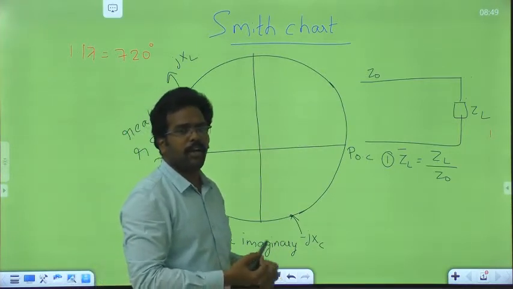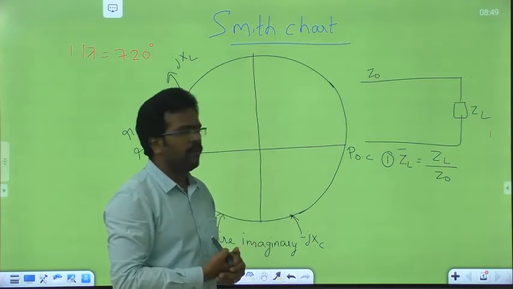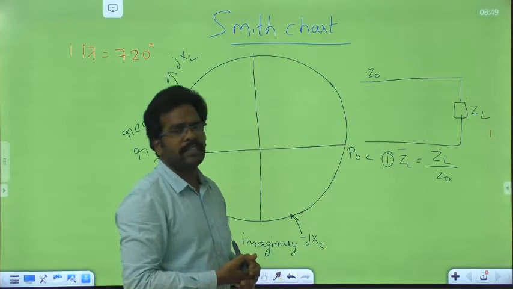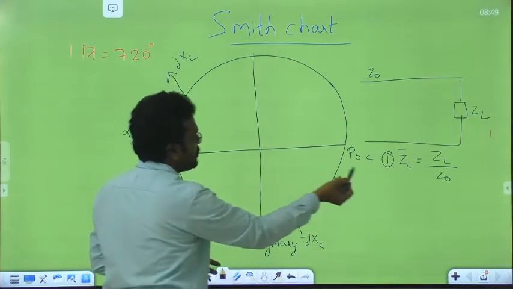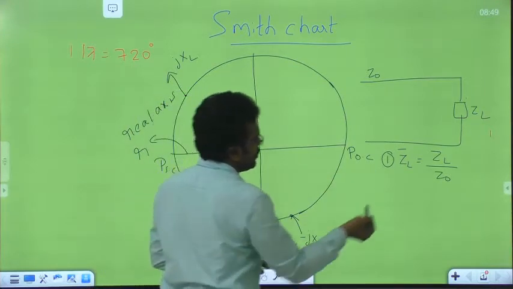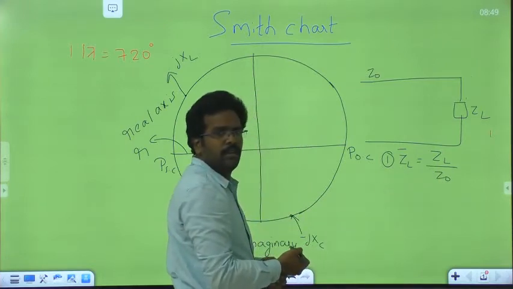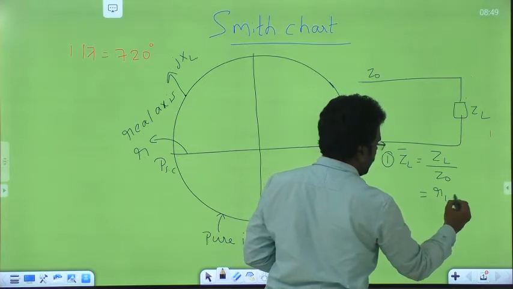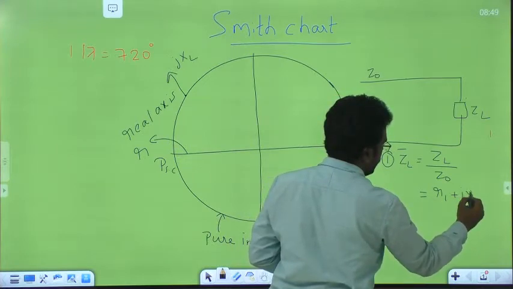Generally, while drawing on the Smith chart, the first step is to find the normalized load impedance and plot this point on the Smith chart. Since it is a complex load, it contains some R1 plus jX1, that I am assuming.